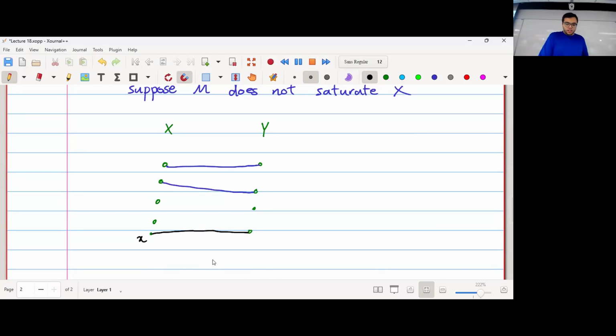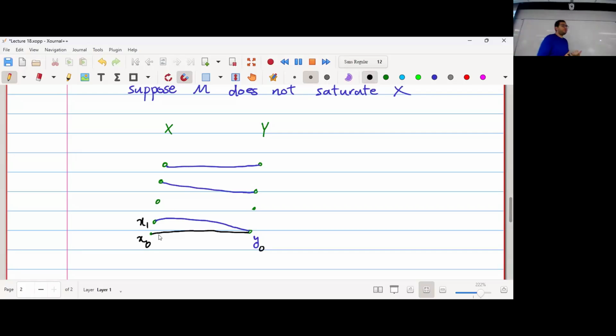Right. So if I call this one, let's say, small y, this y is already matched to something else. So there's going to be a blue edge coming out of y. Let me actually call this one x0, and let's call this one y0. So let's call this one x1. Now let's look at x0 and x1 together.